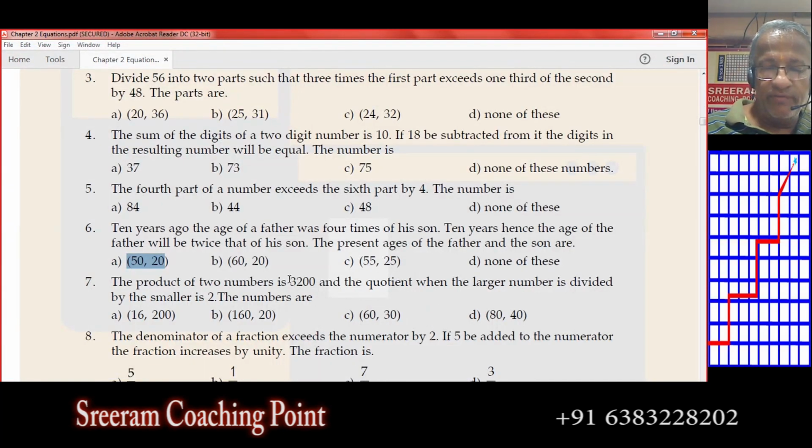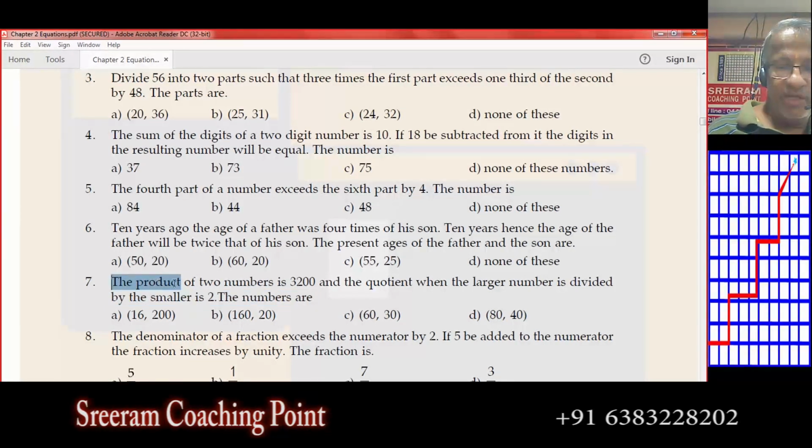Right. Item number 7. The product of two numbers is 3200 and the quotient when the larger number is divided by the smaller is 2. The numbers are, say, from the question itself you will be in a position to substitute and get the answer.